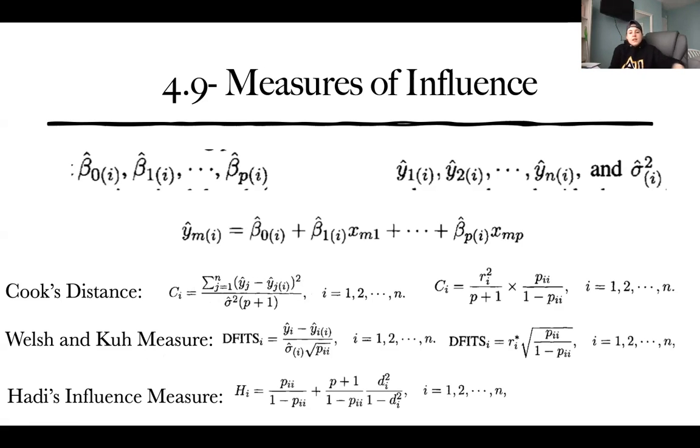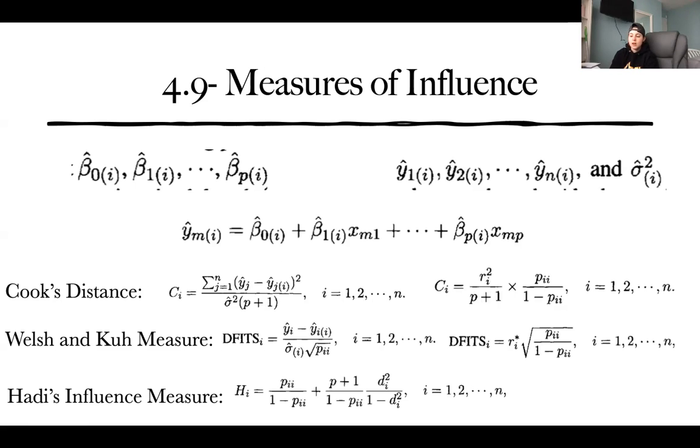And then another way right here to indicate Cook's distance is alternatively by doing, we indicate that by C sub i as well. And then we can have our r sub i squared value that we found earlier, divide that by p plus 1, and then we're going to multiply that term by a second term, which consists of our p sub i value divided by 1 minus our p sub i value.